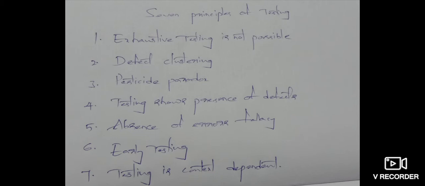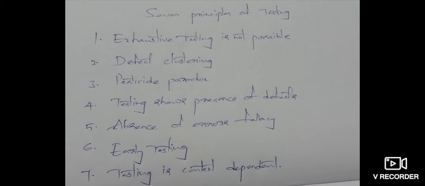I will give an example for this. Suppose we have an application in which we have an amount field, and that amount field accepts values greater than or equal to 500 and less than or equal to 49,999. This is the test condition for that input field. If you try to perform testing by taking all possible valid and invalid inputs, it takes a lot of time, effort and cost.